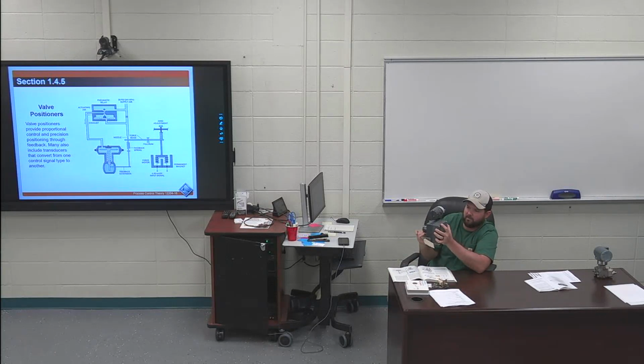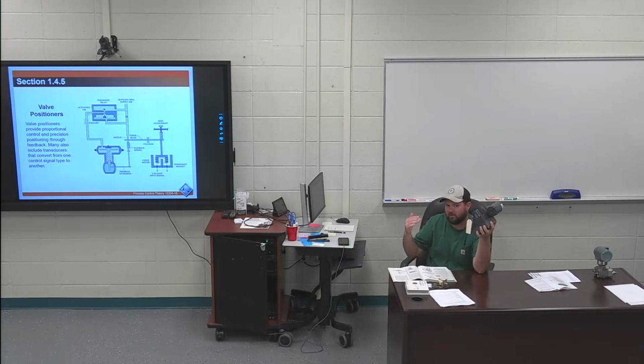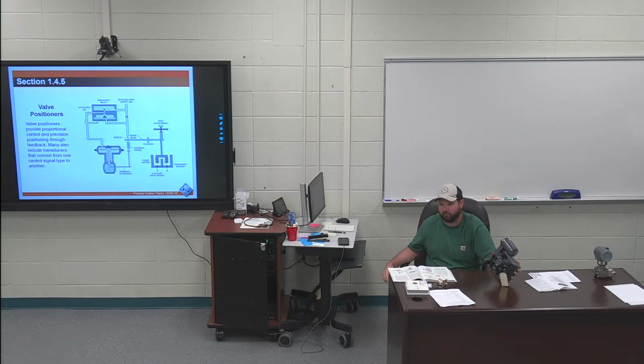It starts right in the middle. Whenever the valve opens, it goes up. Whenever the valve closes, it goes down. So this is what sends a signal back to the controller saying what position the valve is in, right? And then, whatever the set point is, it can change the air pressure going into the valve to make it be whatever the controller wants.